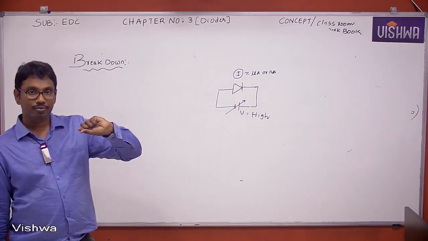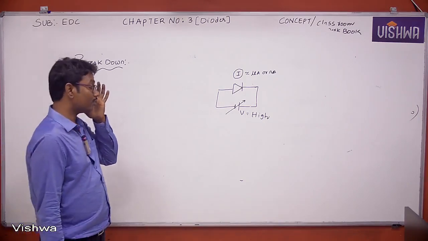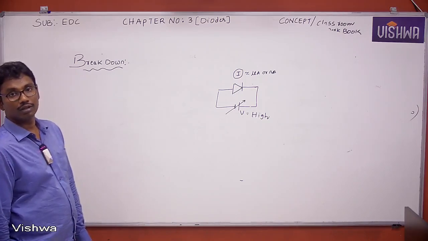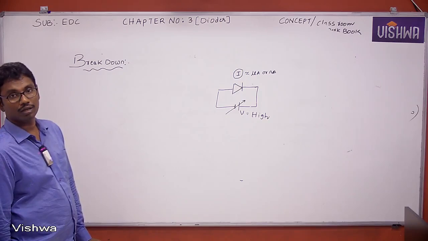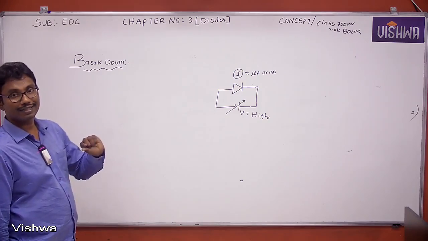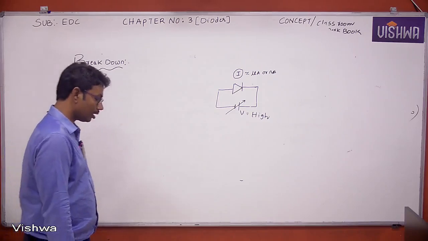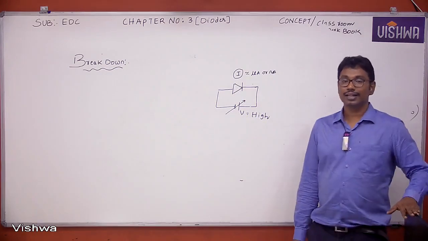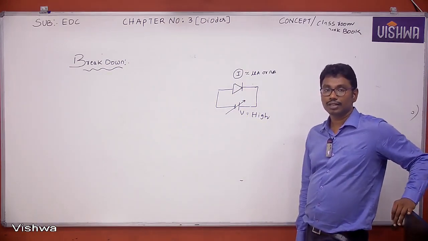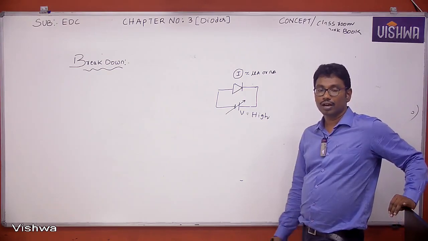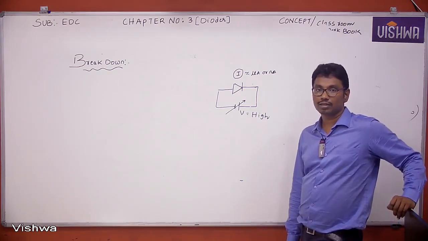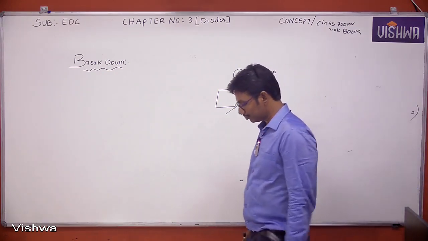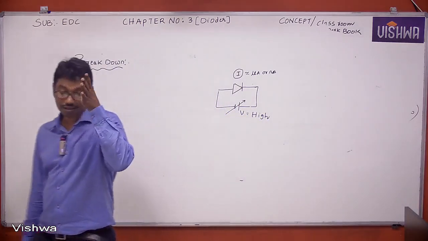When the reverse voltage is made very high, the current through the diode suddenly increases. The sudden increase of current due to high reverse voltage is called breakdown.